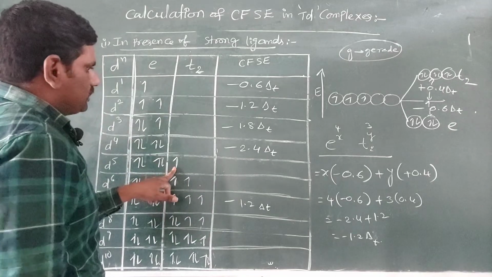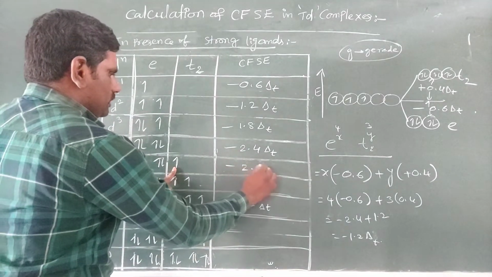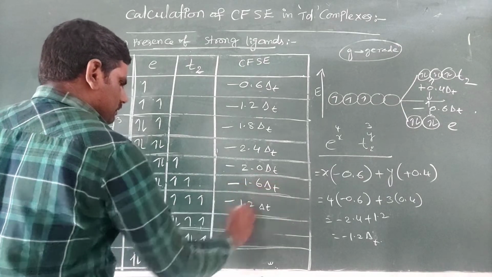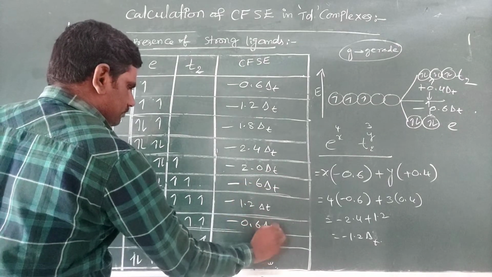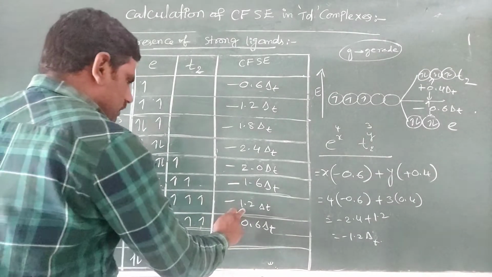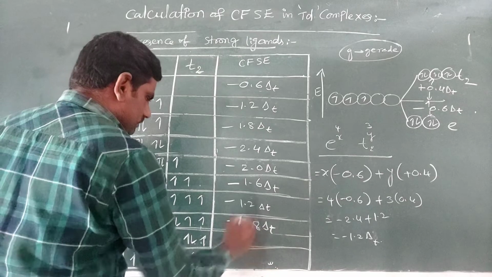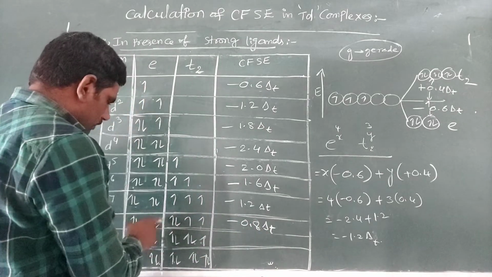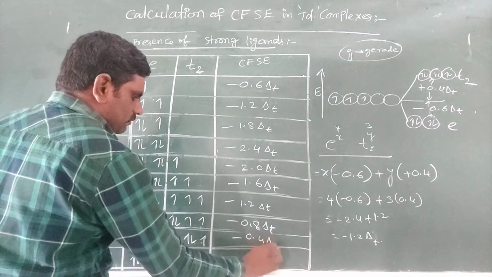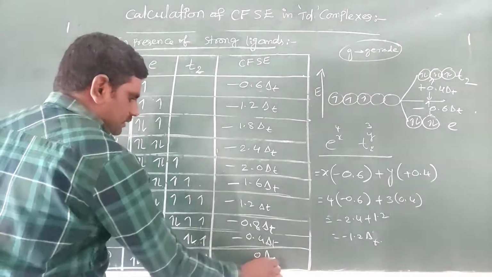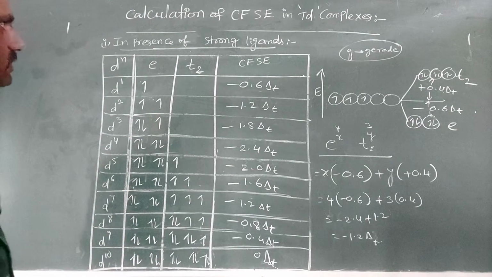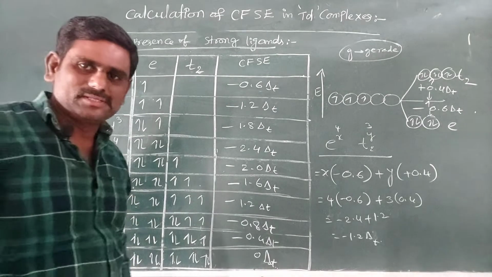Now how much decreases? 0.4 decreases, so minus 0.8. You have to calculate 2.4 minus 1.6, that is 0.8. Okay, 0.4, 0. So this is the CFSE calculation in the presence of a strong ligand in a tetrahedral complex.